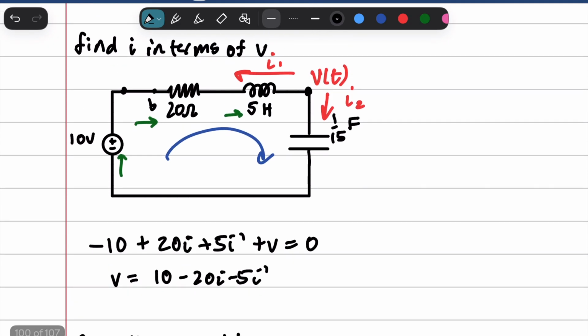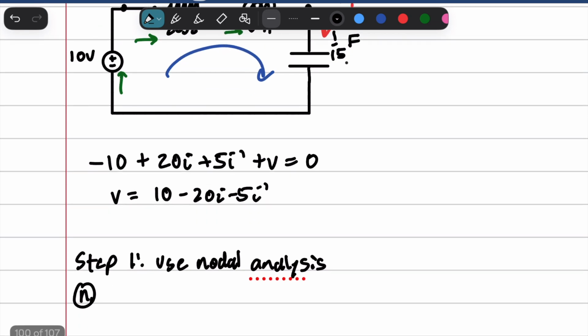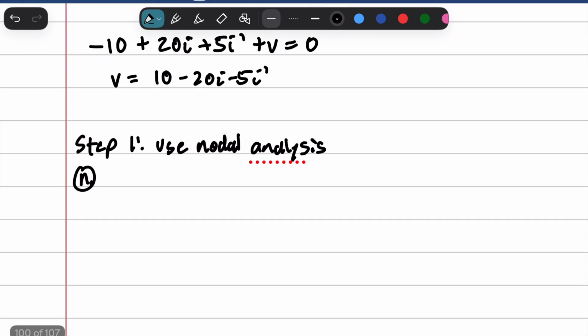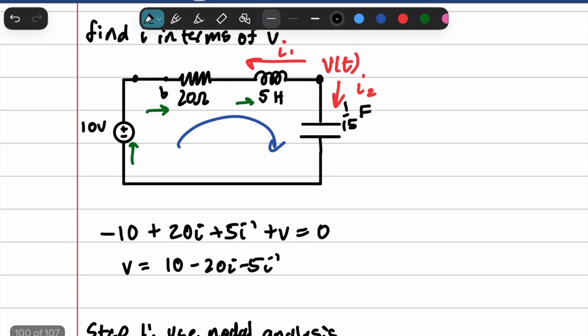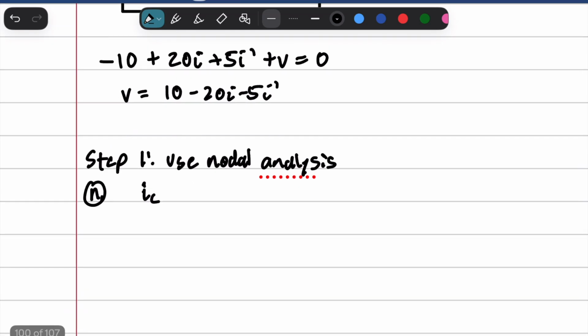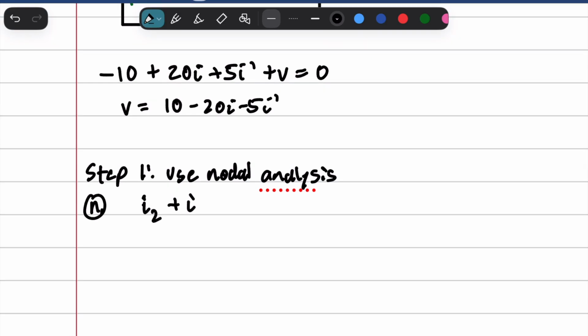Technically we're not going to solve it in that way because we'll just have it straight up because that's all we've got. We've got the IC right here, the I capacitor, or I2. Actually, let me just call it I2 just so that we don't confuse anybody. And then plus I1 is equal to 0.